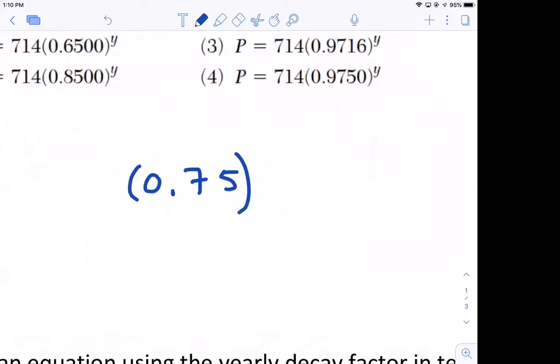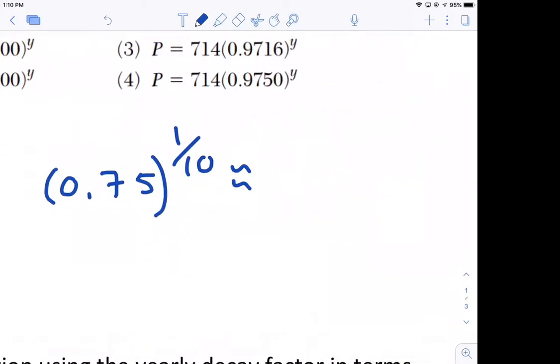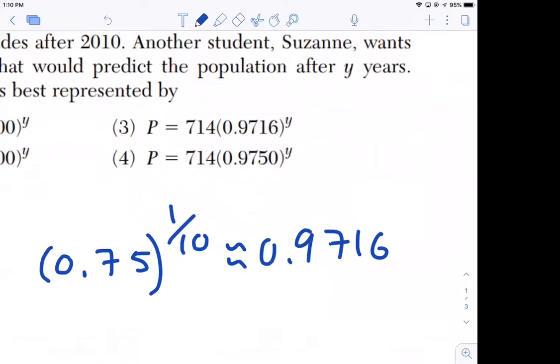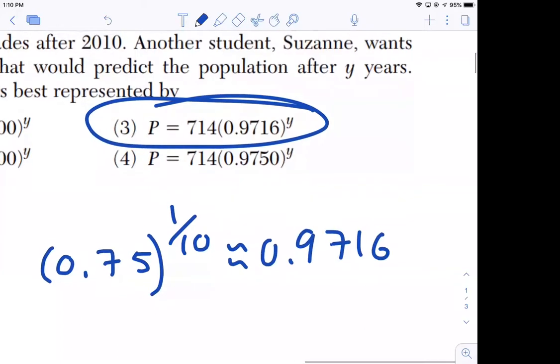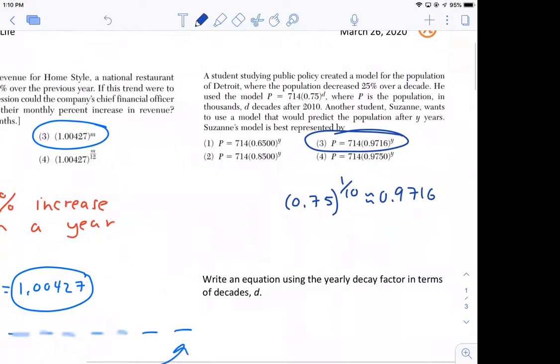So each year, that's going to be 1/10 of that, right? 10 years in a decade, and that's approximately 0.9716. So each year, that's also going to be choice 3. All right, cool. Any questions? No. All right.